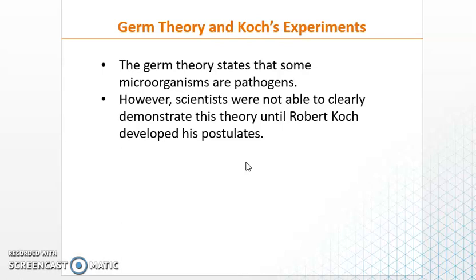But Koch saw that the bacteria isolated from the first sick cattle, when grown inside the lab in a clean environment and injected into another cattle, caused that cattle to develop the disease, which means this bacteria causes the disease in the first cattle, and again it caused the same disease in this new cattle.